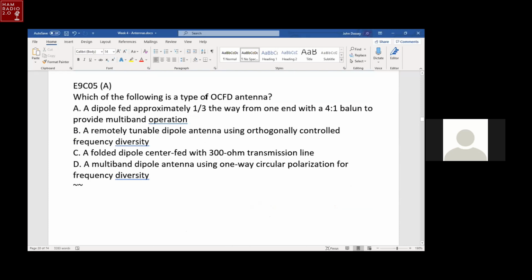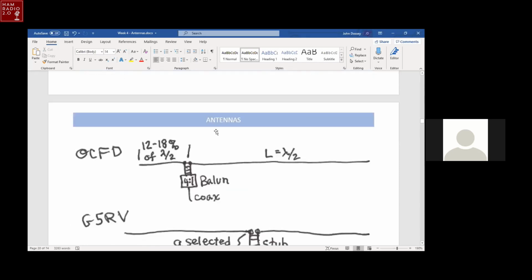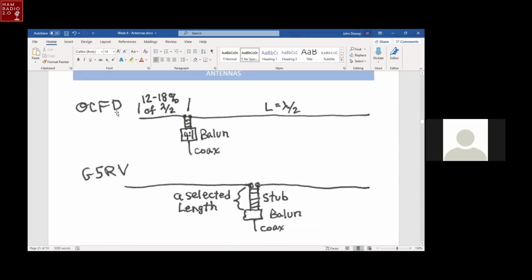Which of the following is an OCFD, off-center fed dipole? Is what that means. That's an acronym for off-center fed dipole. Here's a sketch of an off-center fed dipole. It's a dipole consisting of 2 quarter wave segments joined in the middle. So the total length is a half wave length, and it's fed at a third of the way down one leg.